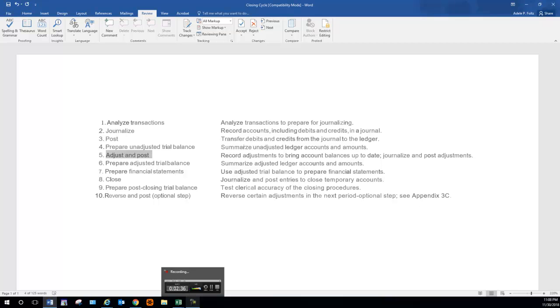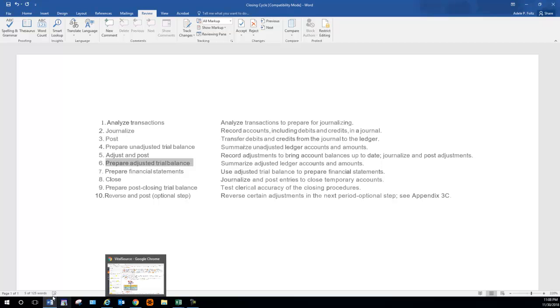The first column was your unadjusted trial balance. The middle columns were your adjustments, debit and credit. And then the final columns contained your adjusted trial balance. So that's where Part B left off, number 6.